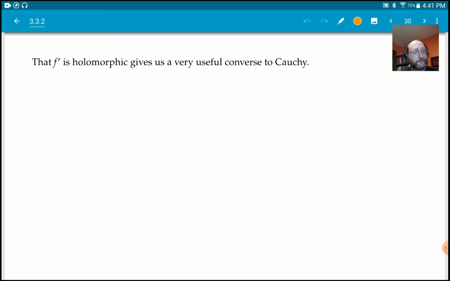Now, let's prove Morera's theorem, which is actually a very useful converse to Cauchy. It's very easy to check. Well, maybe very easy, but it's often a useful way to check that a function is holomorphic, because it's easier to integrate, right?